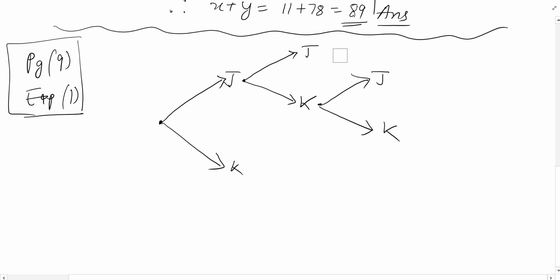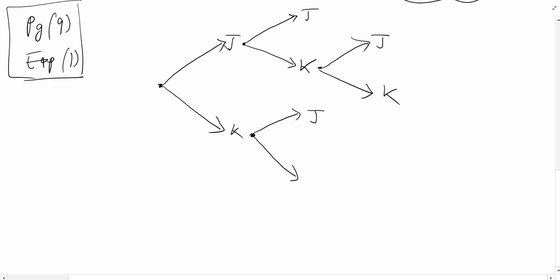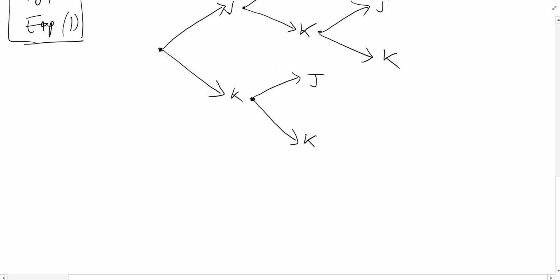So this branch is exhausted according to the question, and now for Kristen, if she's the winner in the same context, the second game is happening right there. That's the first. Second is right here. It can result in the victory of J or K. Now, if J is the winner, the third game is going to happen.